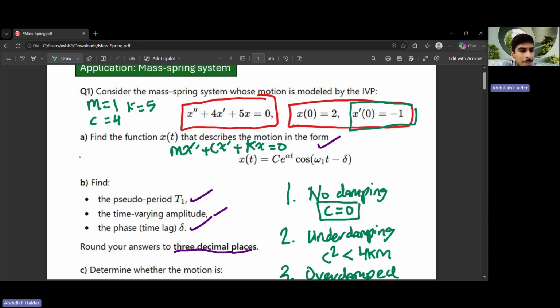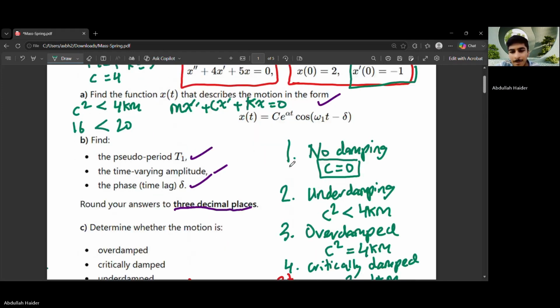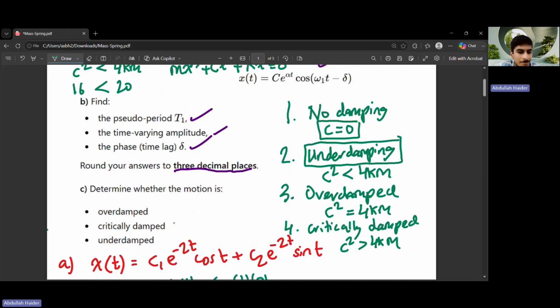So we need to check our c squared, and we need to find our 4km. So c squared is 16, and our 4km, 4 times k, is 20. So c squared is less than 4km. 16 is less than 20. So when we have c squared less than 4km, we know that the system is underdamped. So we'll just choose underdamped.